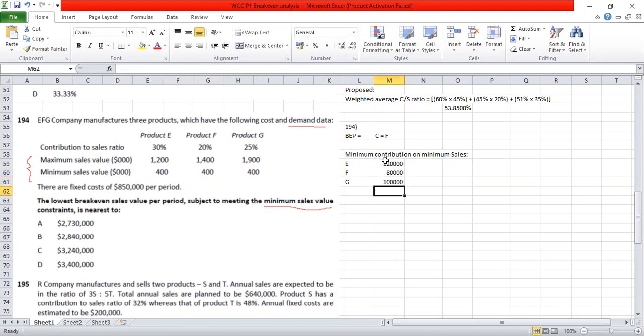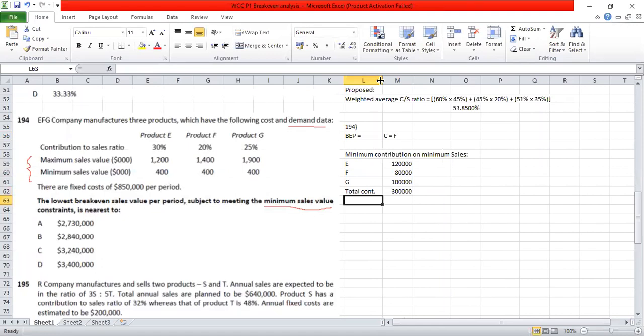So if the minimum amount of sales are met, what is the total contribution? The total contribution earned, in case of minimum sales, is only 300,000. It would not break even at this point, because to break even, the total contribution should be at least sufficient to recover the fixed cost, but fixed costs are at 850,000.